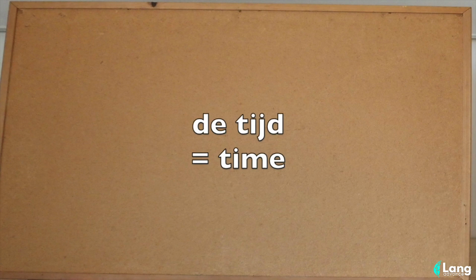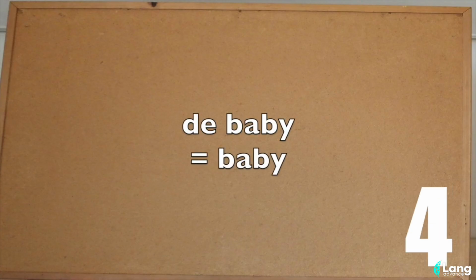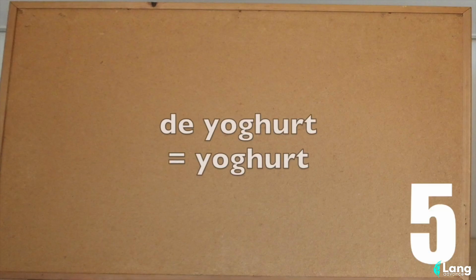"De tijd" means time, the time. "De baby" means baby. You can't use it as a pet name for your boyfriend or your girlfriend. So it's just for little children, very small children.